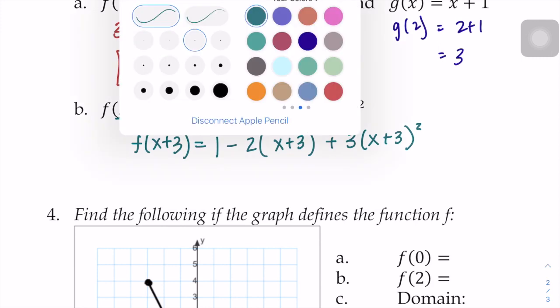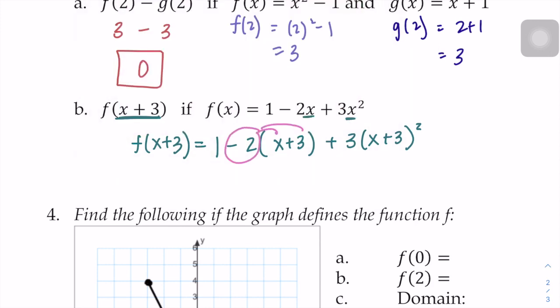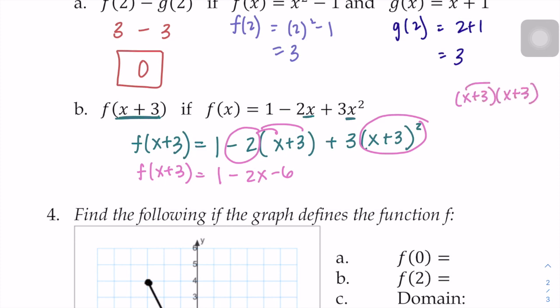So I'm going to start off with distributing negative 2 into those parentheses. Still got that 1 in front, minus 2x minus 6. I'm going to go ahead and square this. Remember that that's just us foiling, if you want to, on the side. But I know at this point that that is x squared plus 6x plus 9.